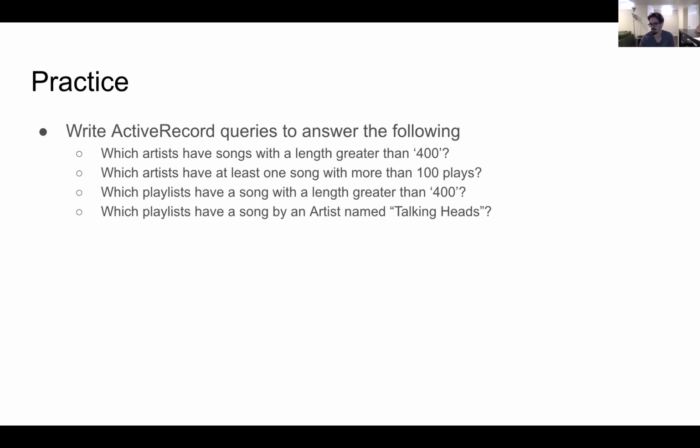Playlist is where it gets tricky. I'll give you all just a few minutes to work on the first one, and then we'll go over that one together. Let's go over the first one at 11:50.